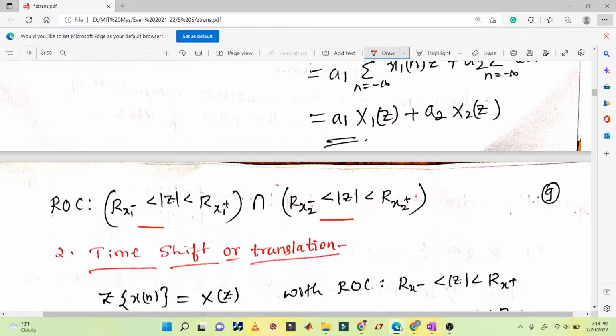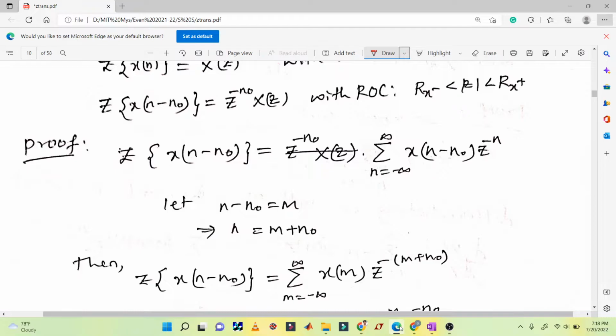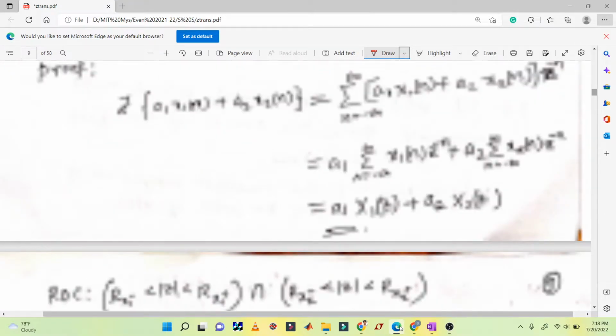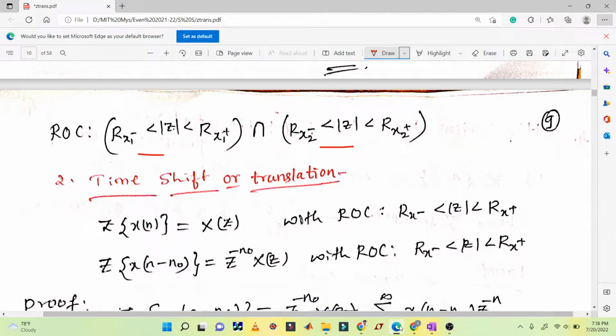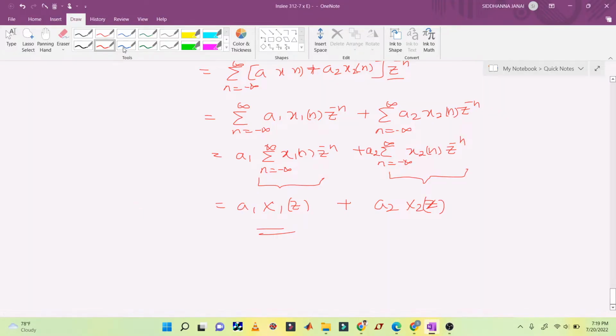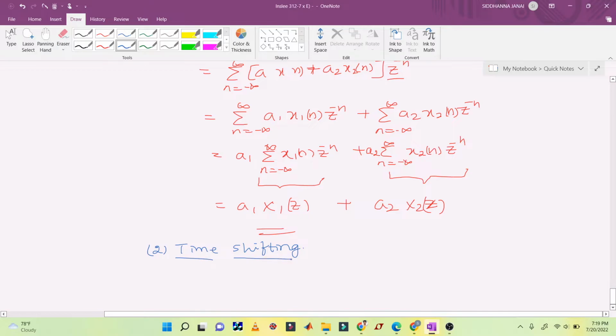Next, we have time shift or translation property. So, in time shifting property, this is the second one. First one linearity, second one time shifting, our time translation property.